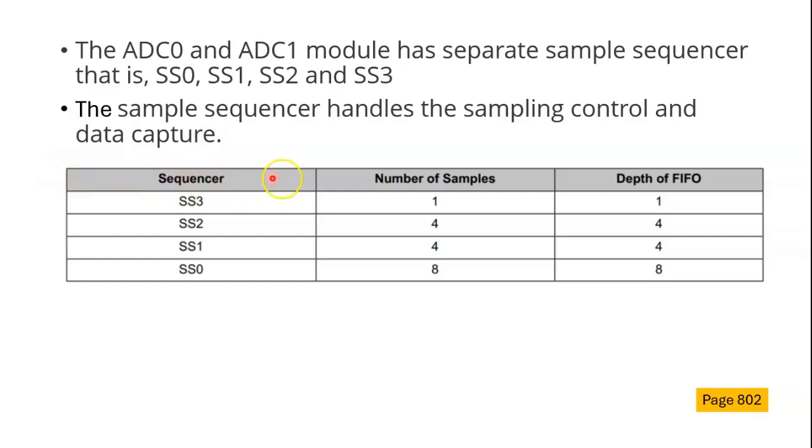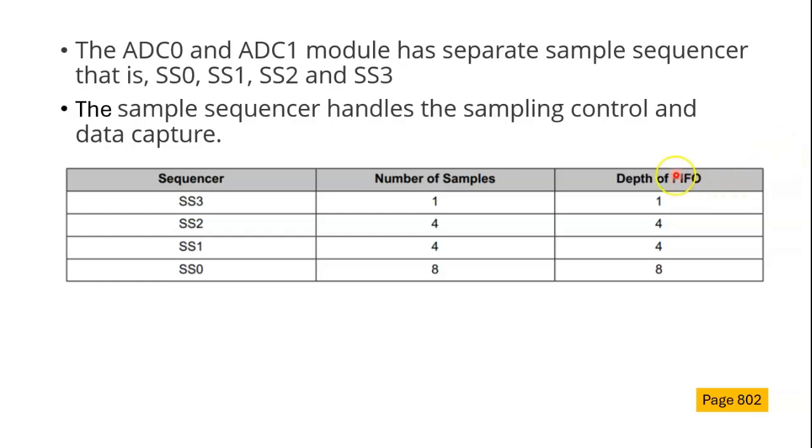Now, the table here shows the maximum number of samples that each sequencer can capture and its corresponding FIFO depth. Now, the FIFO, or first in first out, is a register that acts as a hardware buffer. All right, in other words, it's some sort of temporary memory, and it operates on the principle that the first data that is written to the FIFO is the first data that is read out.